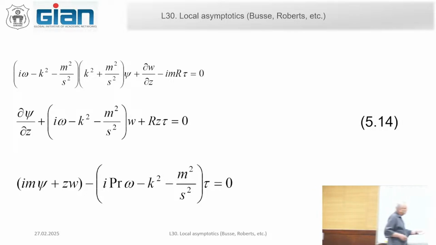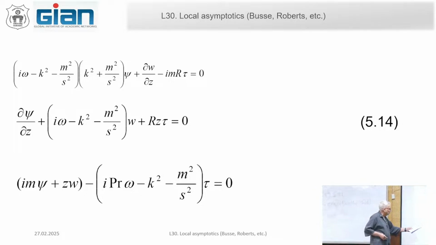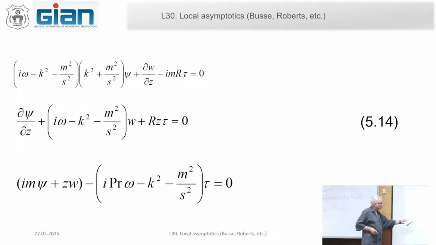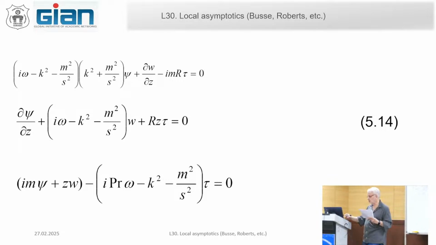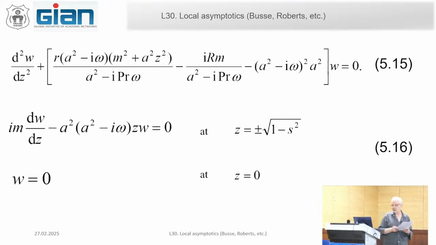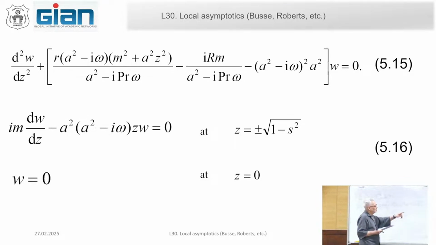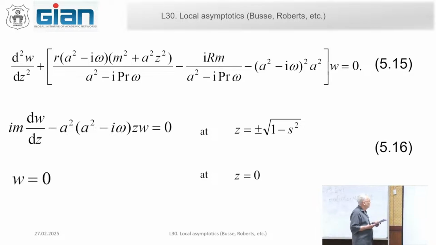Especially in the last row, you see that there are no derivatives, so it's a sort of algebraic relation. And here you see there is only one derivative, and only one here. So effectively, this is an algebraic relation, and this one is a first order equation. So eventually, this whole system becomes just an ordinary differential equation of the second order, which is written here as 5.15.